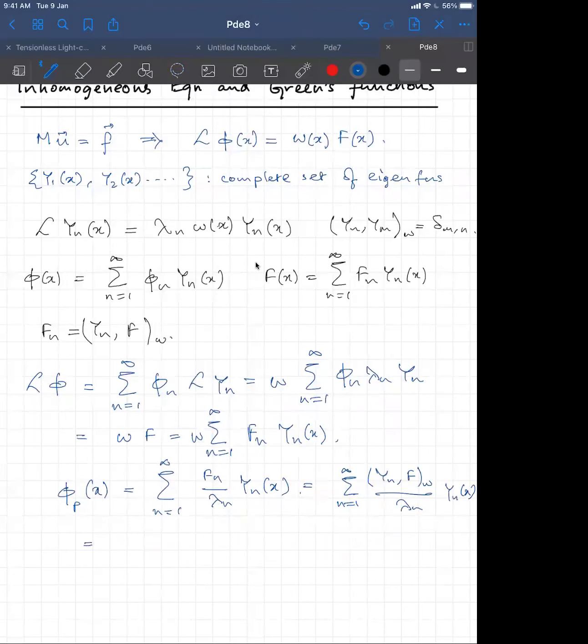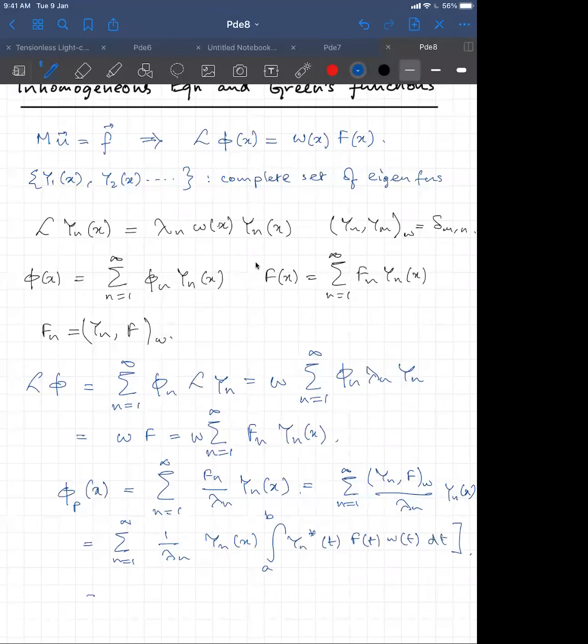So this we will write as the summation n equal to 1 to infinity of 1 over lambda n yn of x times the integral from a to b of yn star of t f of t w of t dt.